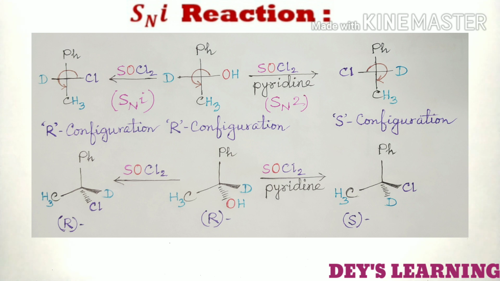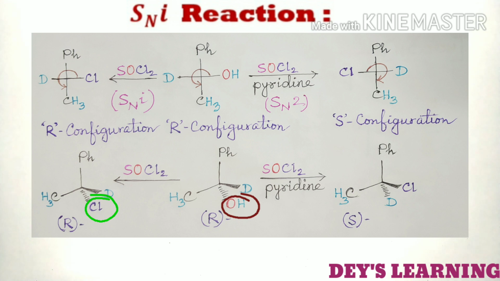We can think of this reaction by flying wedge position also. The flying wedge position of this molecule is this one, and on treatment with thionyl chloride, it gives this product. If we observe very closely, we see this OH group was below the plane, and this chlorine is also below the plane, and all the other things remain the same.